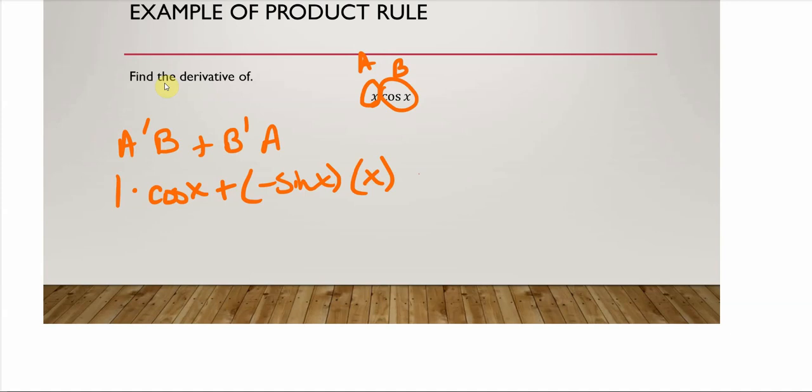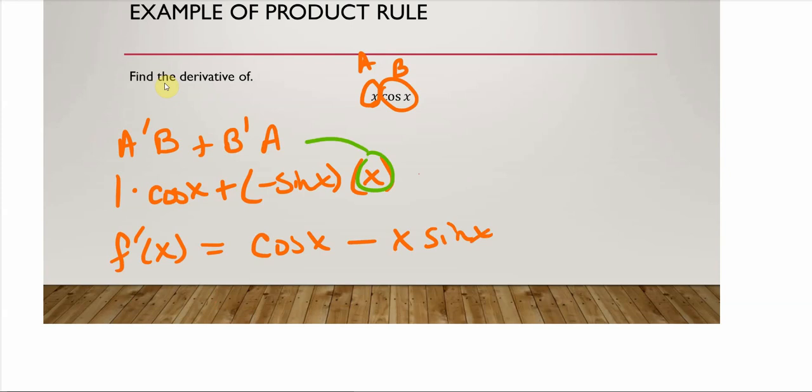So my f prime of x is going to equal cosine of x minus x sine of x. Now if you notice, I put this x in the front, just so that students will multiply this one with this one. So we're going to distinguish them. Alright? Separate them.